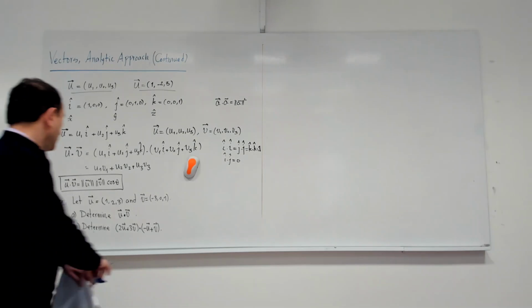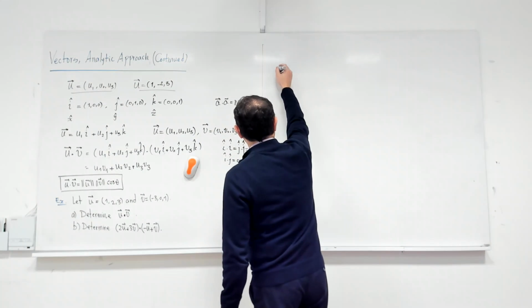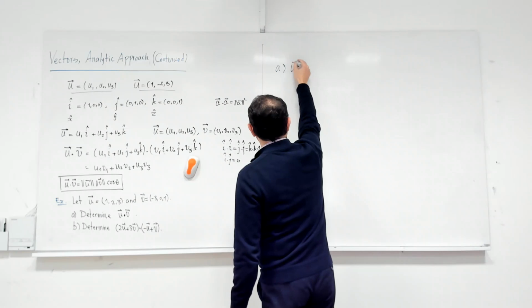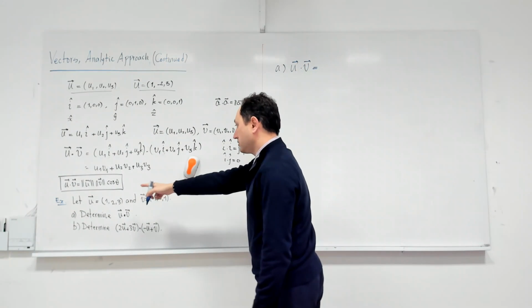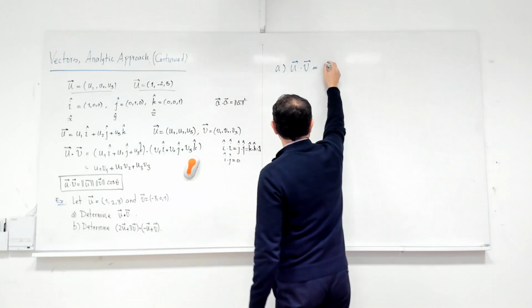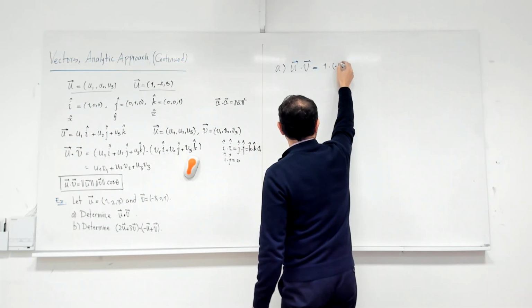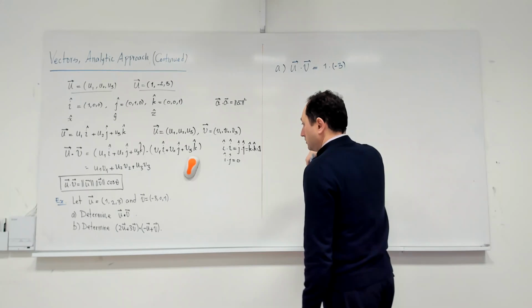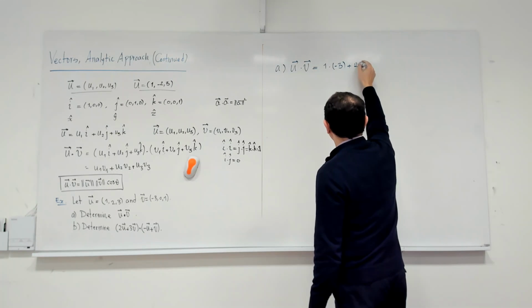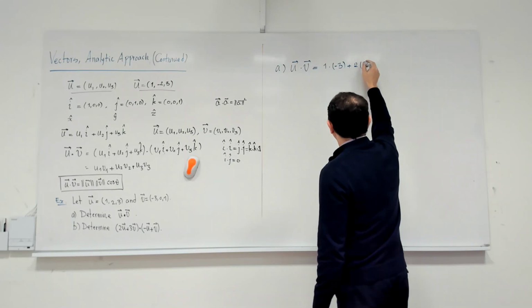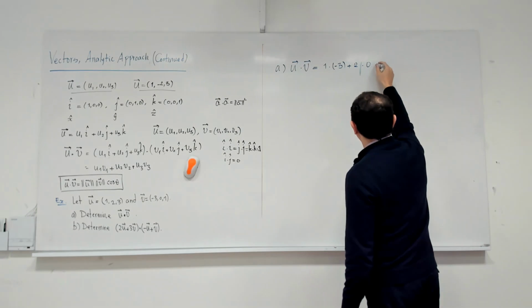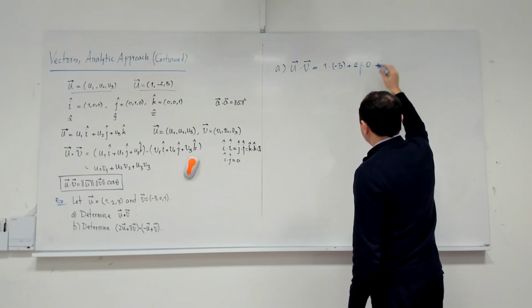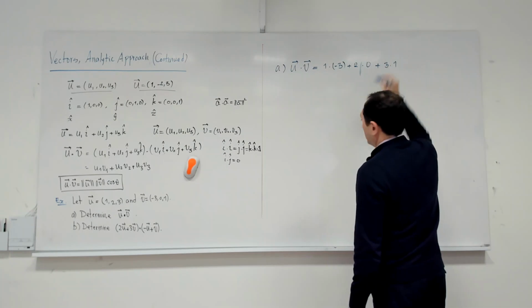Of course, these are very simple ones. So if I want to calculate u dot v, what I am supposed to do is take the first component of the first one, 1, multiplied by the first component of the second one, plus the second component of the first one multiplied by 0, and then plus 3 times 1, yes?